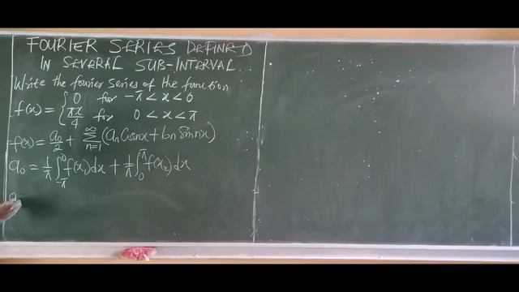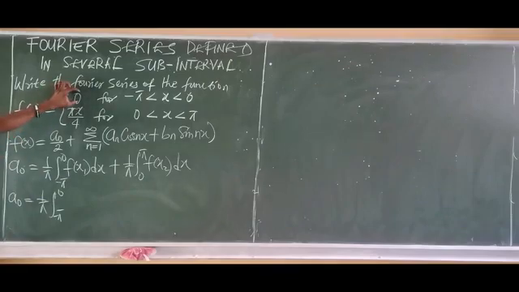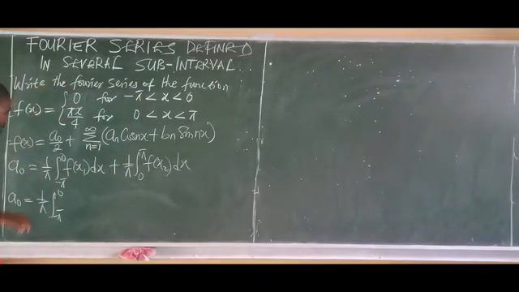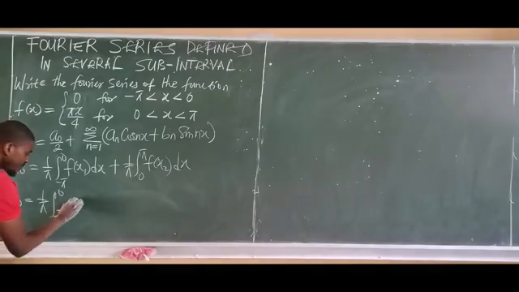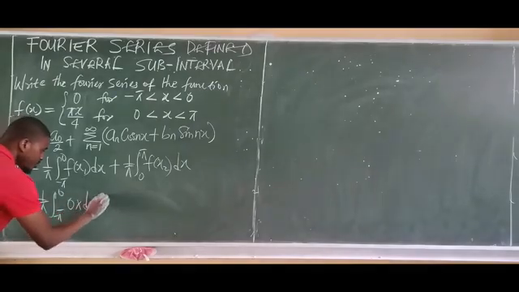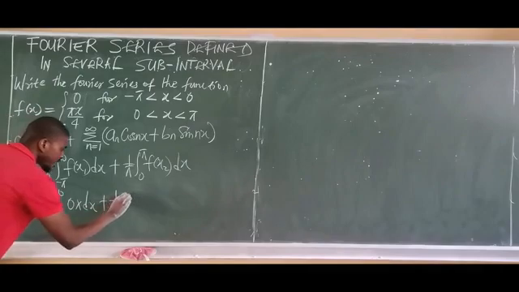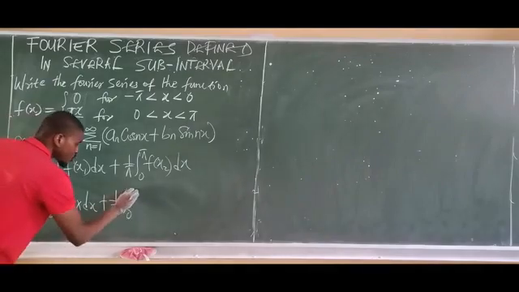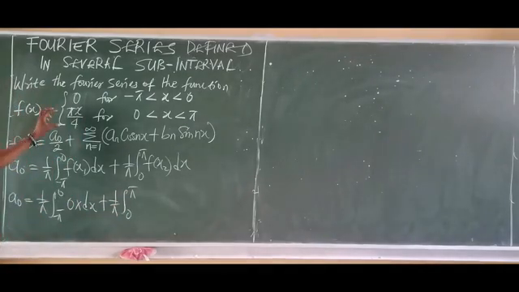So a naught is equal to 1 all over pi integral from minus pi to 0 of f of x1, the first function, and the first function in this case is 0. So this means 0 times dx, plus 1 all over pi integral from 0 to pi of f of x2, which in this case is pi x all over 4.